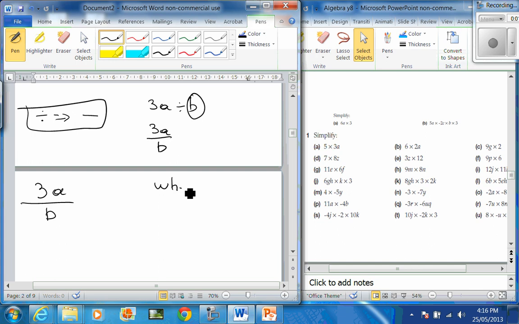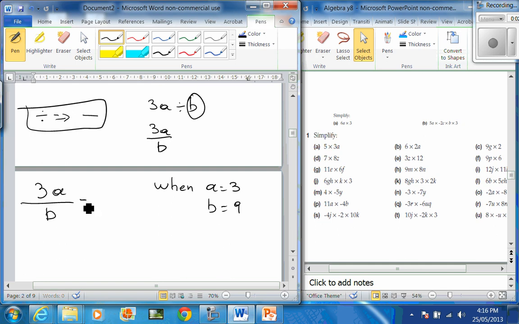That's why I need to be told. So they tell me, okay, when A is 3 and B is 9, could you please tell me the value of this?